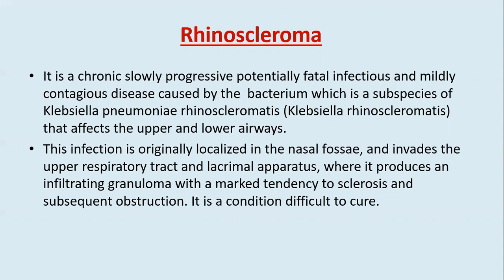The infection is originally localized in the nasal fossae and invades the upper respiratory tract and lacrimal apparatus, where it produces an infiltrating granuloma with marked tendency to sclerosis and subsequent obstruction. It is a condition that is difficult to cure.